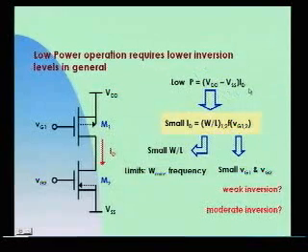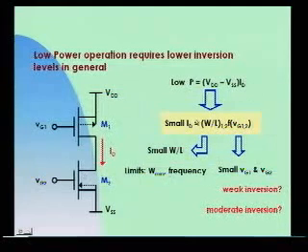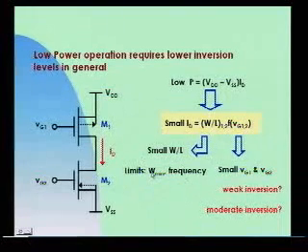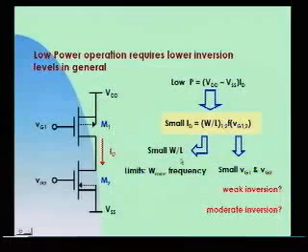Also, for the case of low power, it's obvious that if I have fixed VDD minus VSS, the drain current must decrease, and to have a small drain current, I can diminish the aspect ratio, but I have limitations for this because each technology has a minimum width, and also if I increase the length, I will have limits in frequency operation.